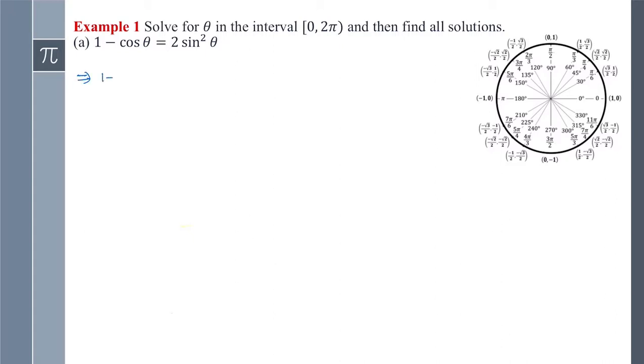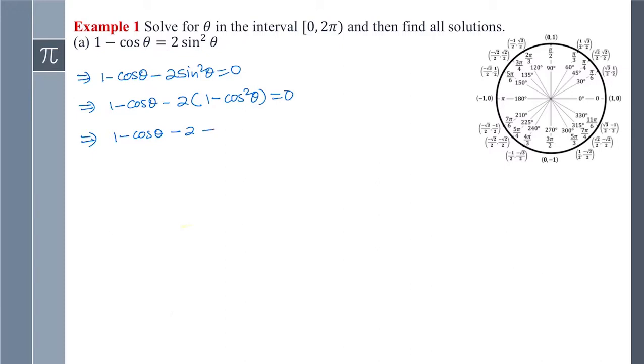So we have 1 minus cosine theta minus 2 sine squared theta equals 0, and then 1 minus cosine theta minus 2 times, sine squared theta can be written as 1 minus cosine squared theta, equals 0. So we have 1 minus cosine theta minus 2 plus 2 cosine squared theta equals 0.